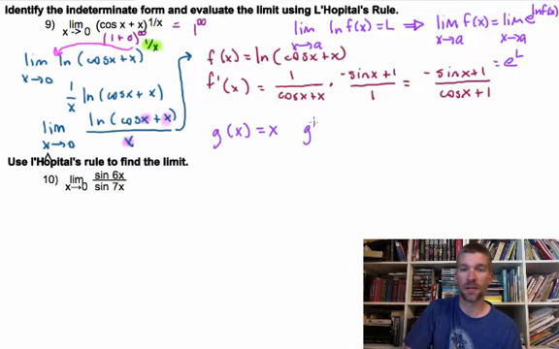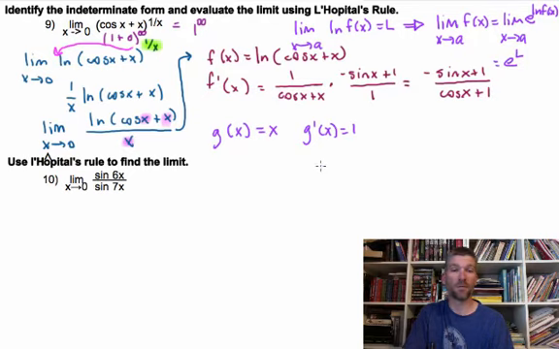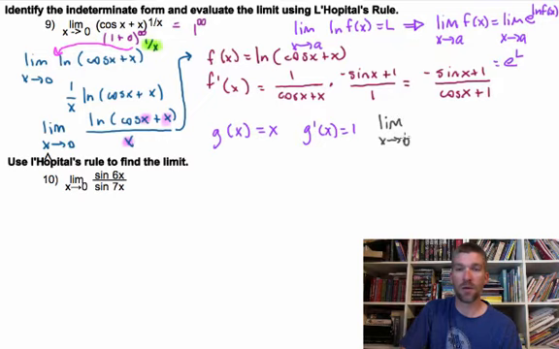G prime of x would be equal to 1. Well, remember, anything over the number 1, in the denominator, we don't write that. So the new limit that we're going to work with then is the limit as x approaches 0 of negative sine x plus 1 over cosine x plus 1.